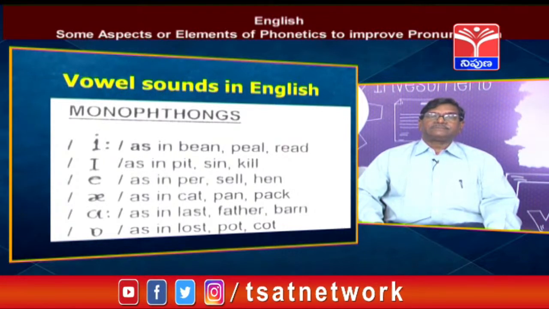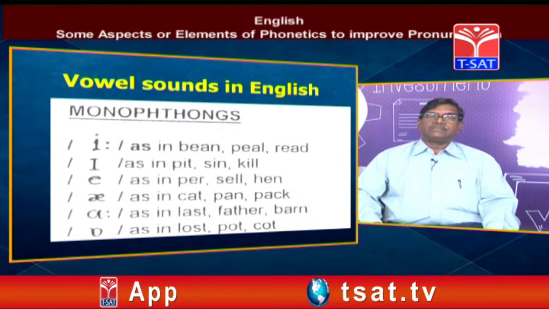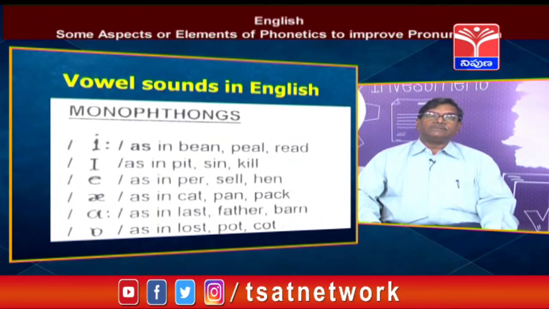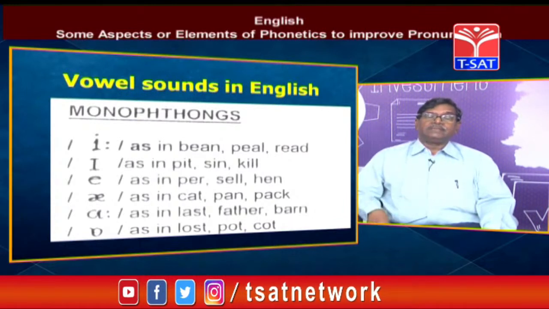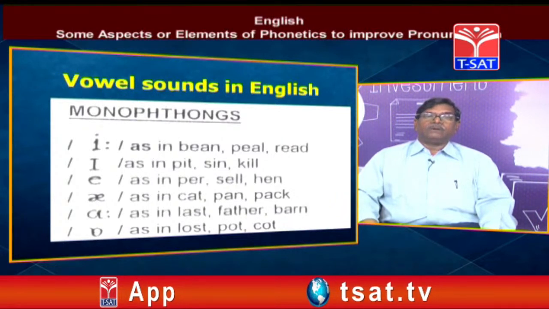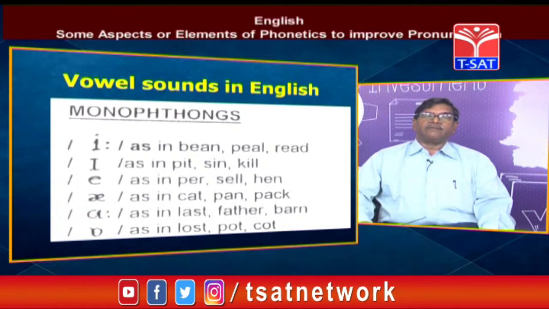And then the next symbol is for the sound O, as in lost, pot, caught. When you say O, our lips get rounded. Without lip rounding, you utter the same sound, O. That is short O. This is a variant of O we have in our Indian languages.